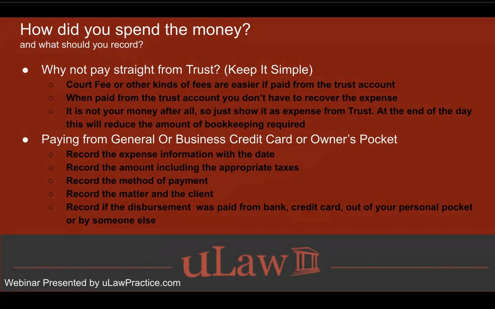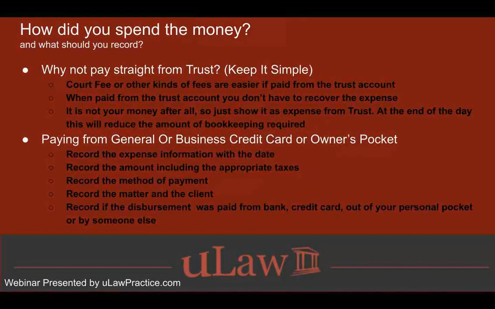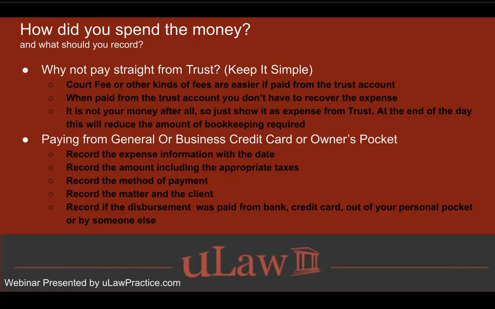Very similar to that are court fees and filing fees, any fee that is not marked up. These are definitely easier to pay from trust if you have the trust account and the money sitting in there.